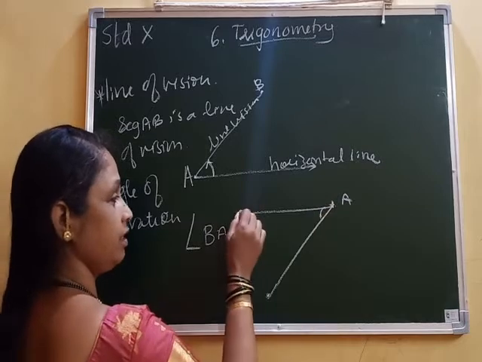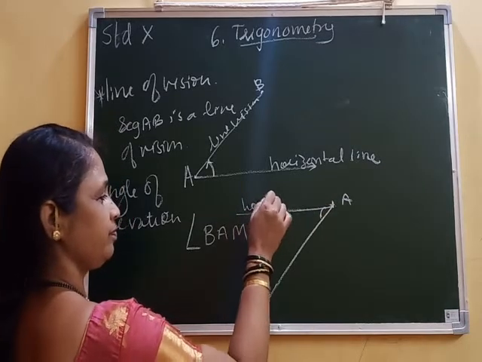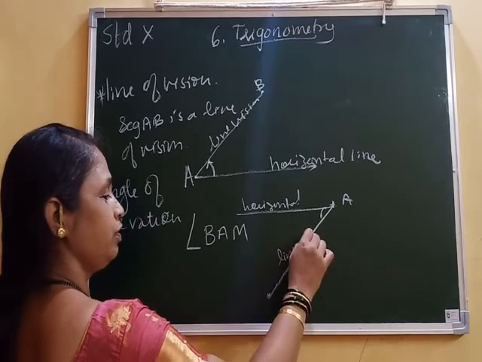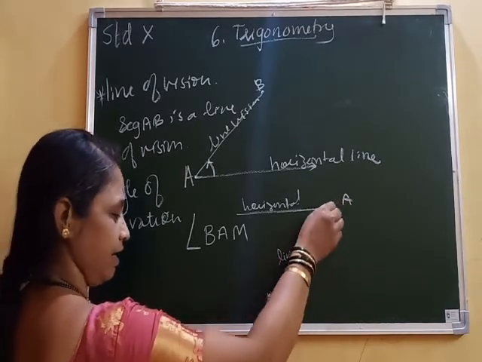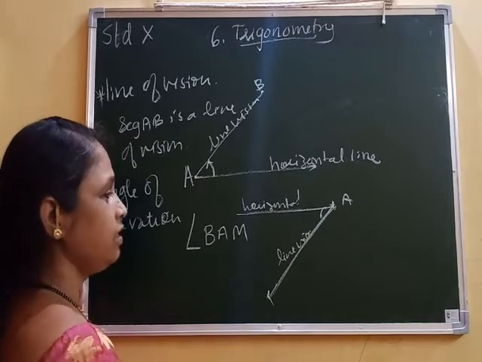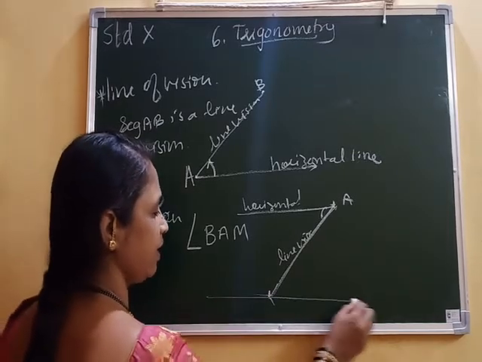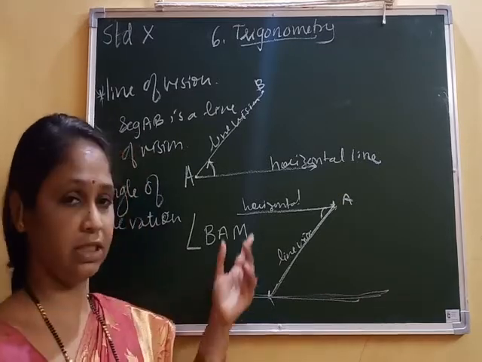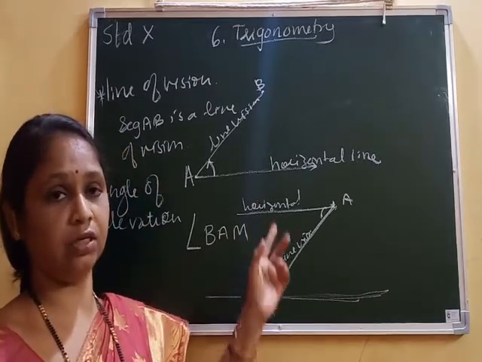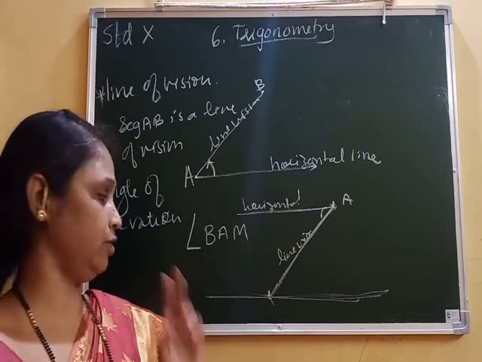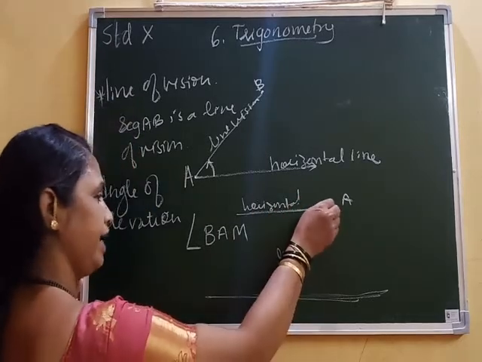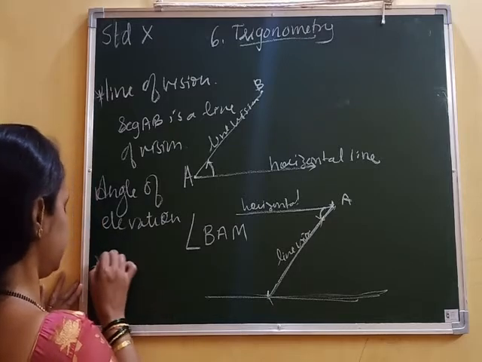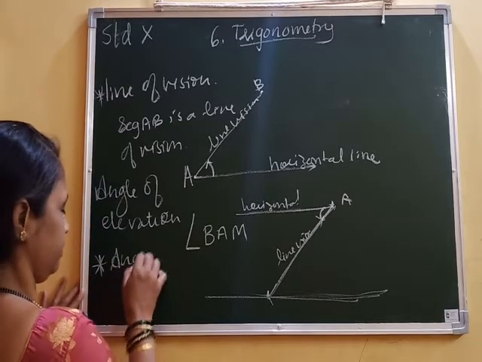This is the horizontal line, and this is the line of vision seen in the downward direction. It makes an angle here with the ground. This line is parallel to the horizontal line. This is called the angle of depression.